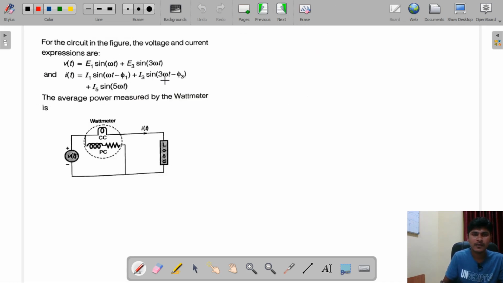Okay, now these two are instantaneous values. So the average value, P average, is equal to 1 by 2 pi integration from 0 to 2 pi of V of t, I of t, d of omega t.